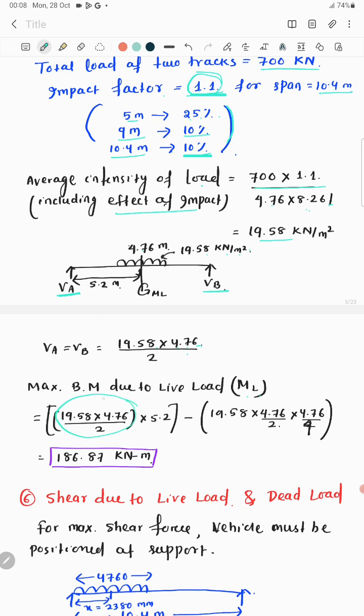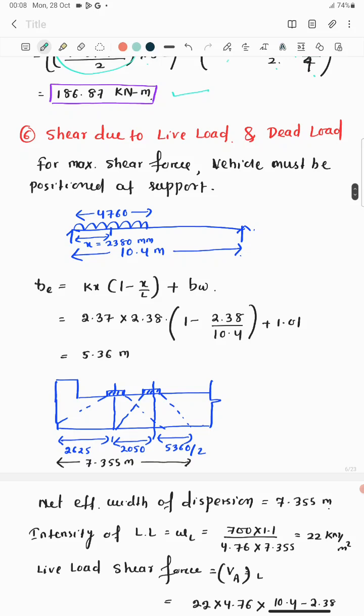This is the shear force, that is VA, into the length from the center, that is 5.2, minus the moment due to the vehicle load, that is clockwise. So minus 19.58 into 4.76 by 2 into 4.76 by 4. So this is coming to be 186.87 kilonewton meter.